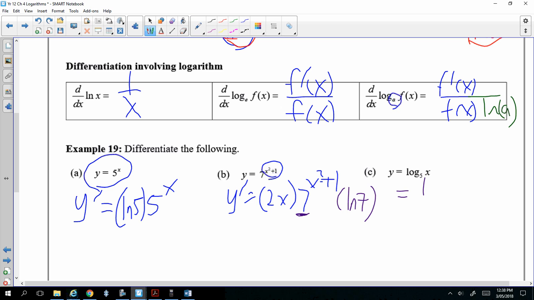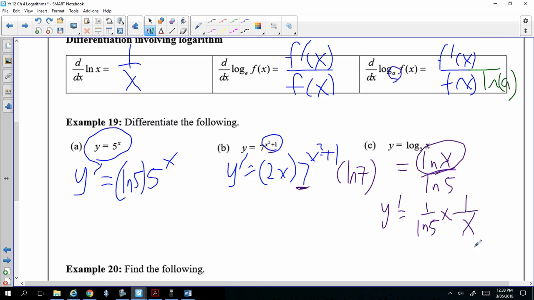Okay, and make sure you put the x in front of ln 5, so it reads better. Or you can write that as 1 over ln 5, but put a bracket around it so it doesn't interfere with the x. Okay, and if you write it like this, that will be wrong, because that could be read as 5x, which is not ln 5x, it's ln 5 times by x. That will be wrong. Okay, good.